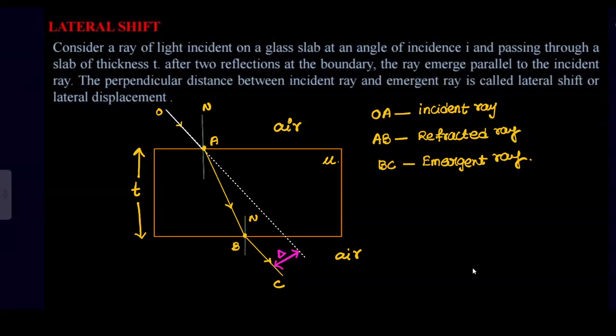So in this case, look at what we can do here. This is the angle of incidence, which is I. Now this is the angle of refraction, this is R. Can you tell me how much this angle is?